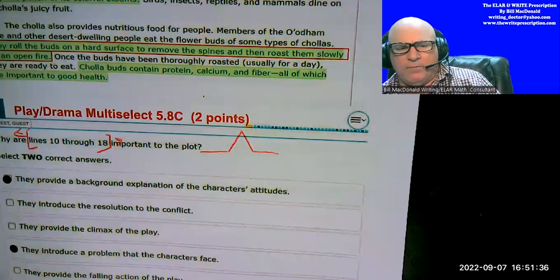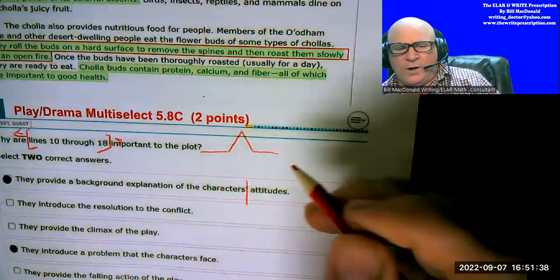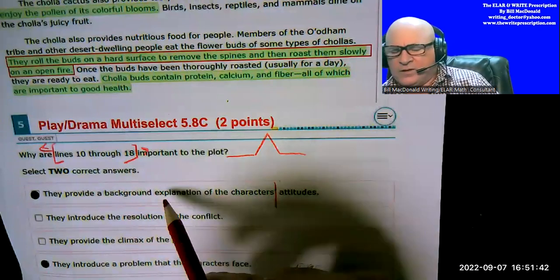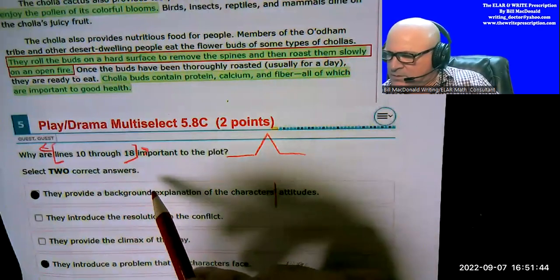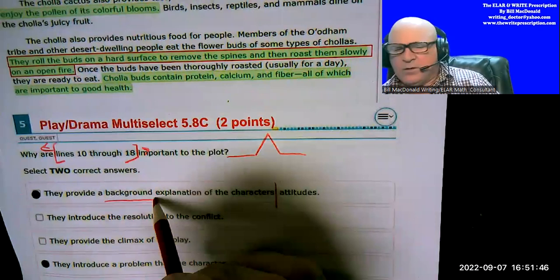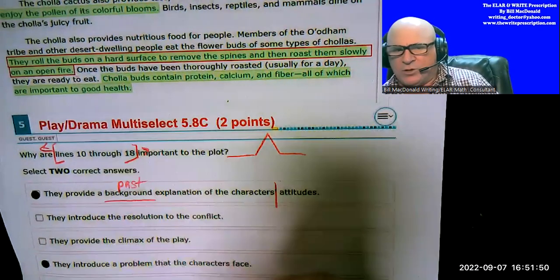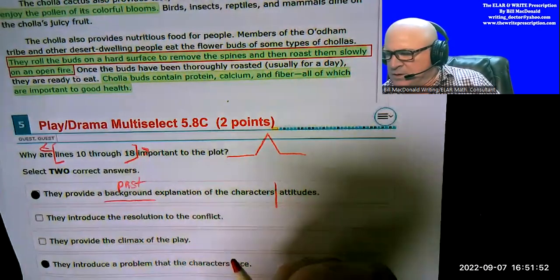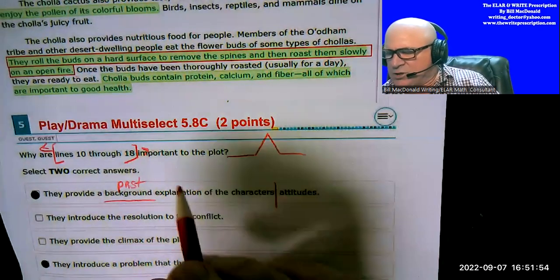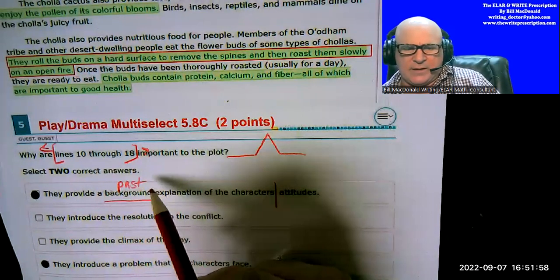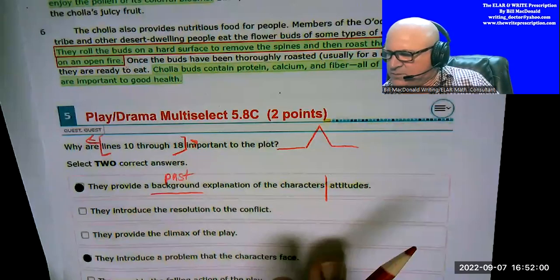Basically, they're saying what happened previous to this passage, this drama, this play that we're looking at. So there was background explanation, and what else? They introduce a problem that the characters face.